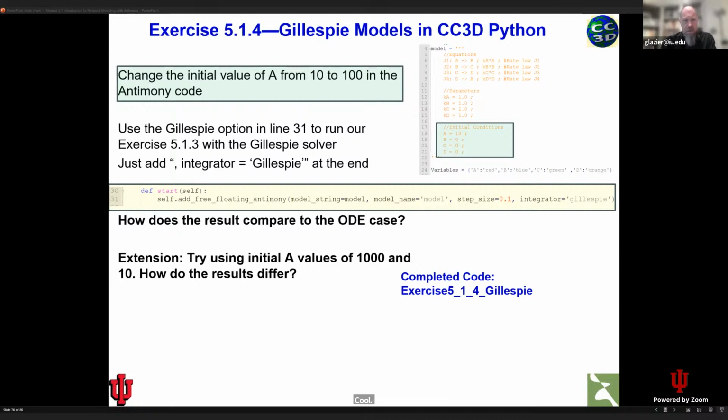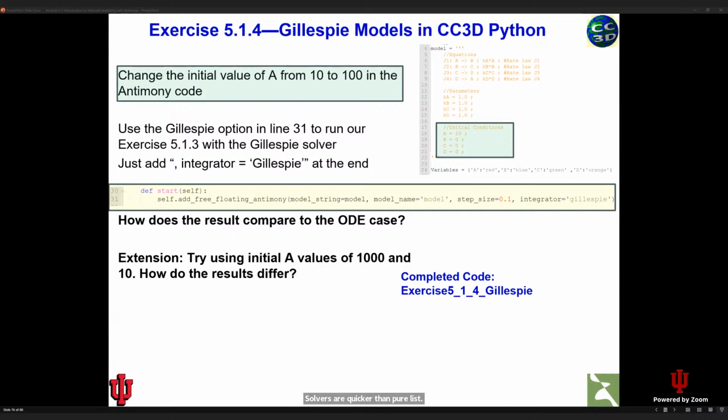Omar, question. Hello. Yeah. Have you tried to implement Gillespie modified like tau leaping or something like that? Because I think that kind of solvers are quicker than pure Gillespie. No, we only support Gillespie and ODEs.